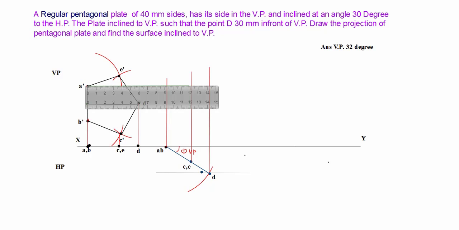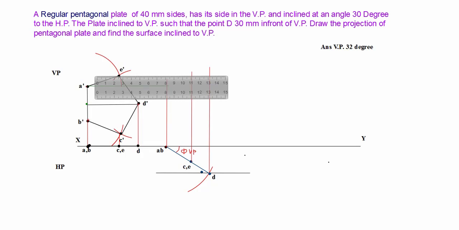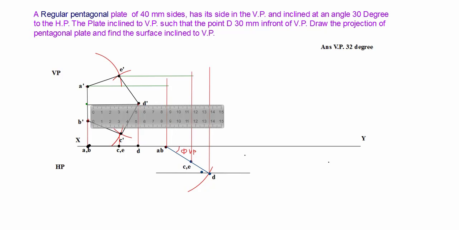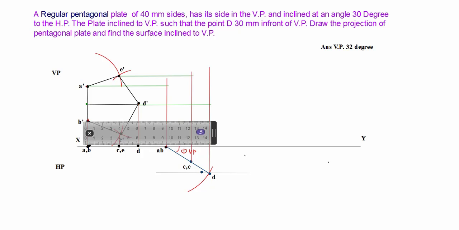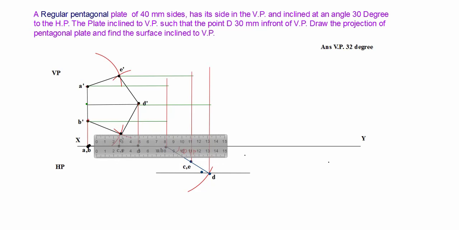So I take the first projection from A dash, then the projection from E point, E dash, up to projection of E. Similarly, you can draw the projection from D points parallel to XY up to projection of plan point D. Similarly, from B dash up to your projection of plan point B. Similarly, from C dash up to projection of C points.